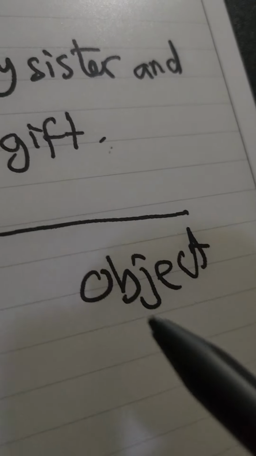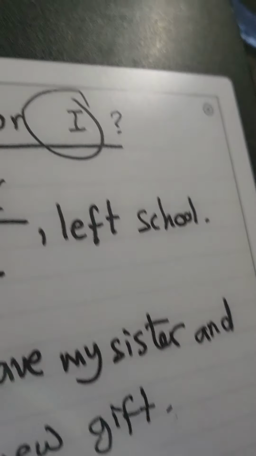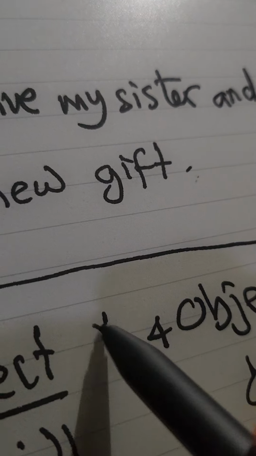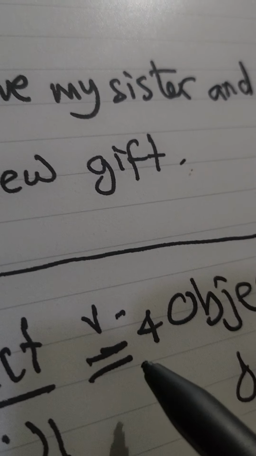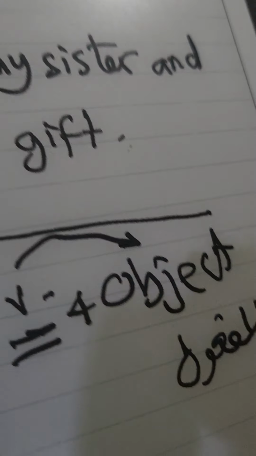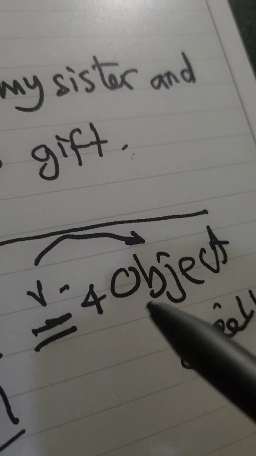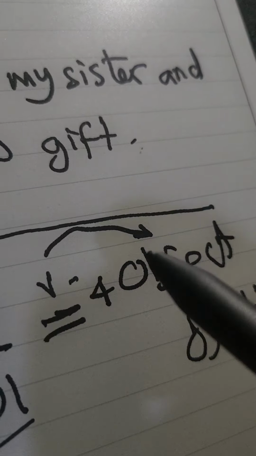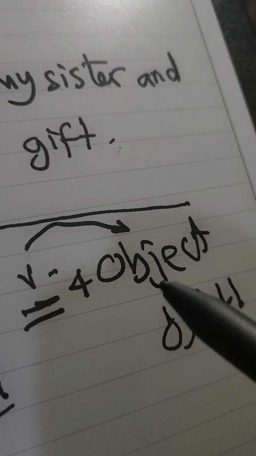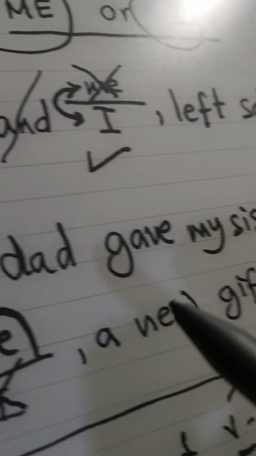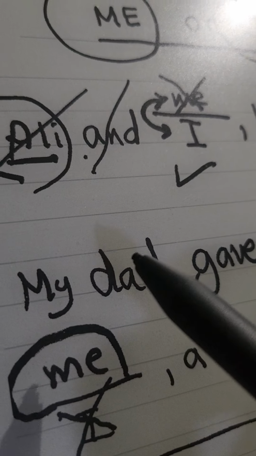Good. What is object? Object is after the verb. Before the object, there is a verb. So after the verb, it's object. If the noun is an object after the verb, you have to say objective pronoun, not I. It's me. Look here: my dad is the subject.